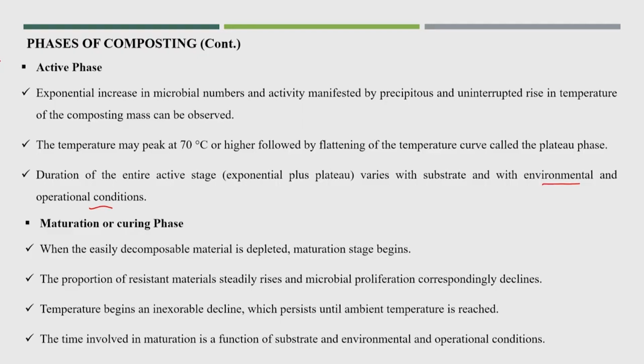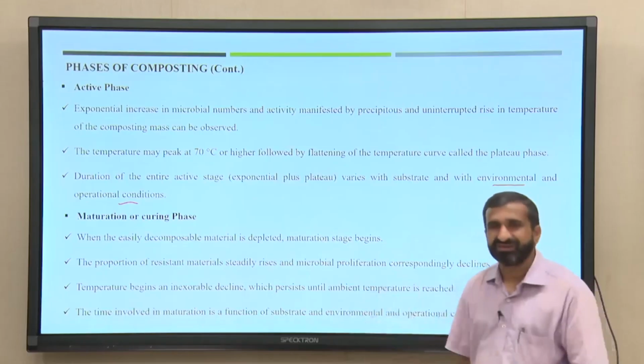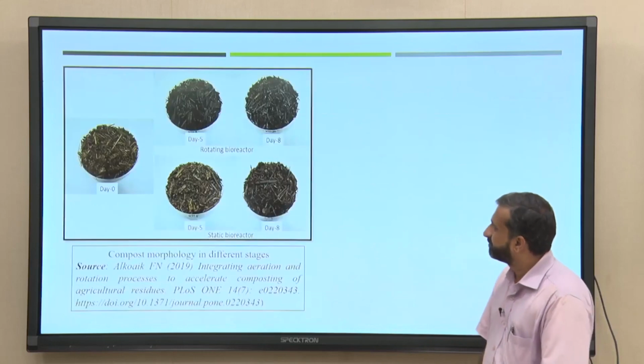Temperature begins to decline and persists until ambient temperature is reached. The time involved in maturation is a function of substrate and environmental and operational conditions, which again is important based on the local conditions.